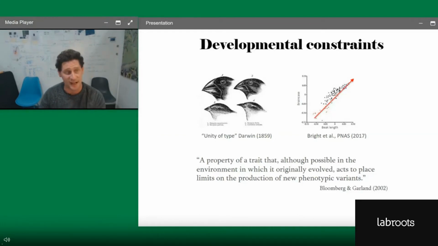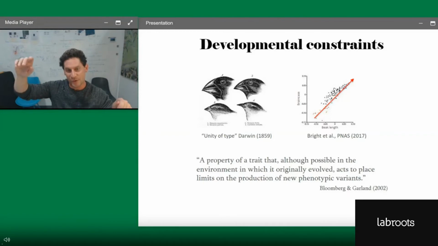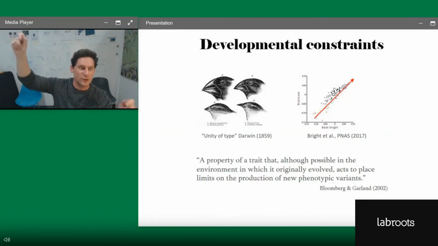And this is one of the classic signatures of these developmental constraints from the perspective of us as evolutionary developmental biologists, in that you have these linked traits. If you extrapolate these principles, in this case I think it was buzzards actually, not finches, you can see that across many of these you have this very tight linked relationship, right?